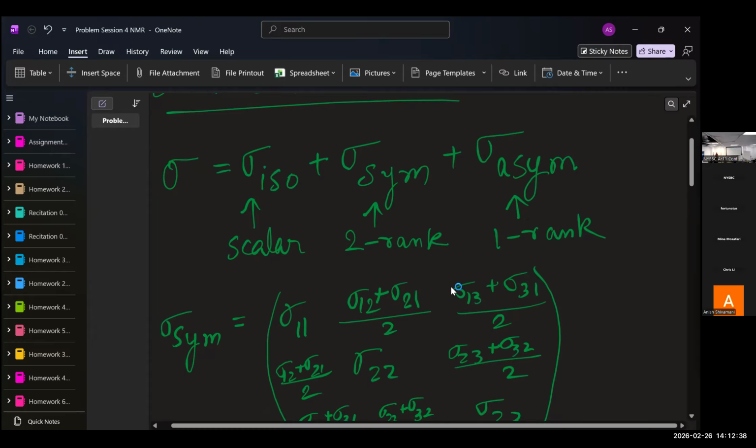So far in class, we have discussed the physical, or intuitive, picture behind shielding as a phenomenon, where it is the effect of the applied static magnetic field on the electron density, and that effect in turn manifesting as an induced electric field at the nucleus. And we broke that into three different parts.